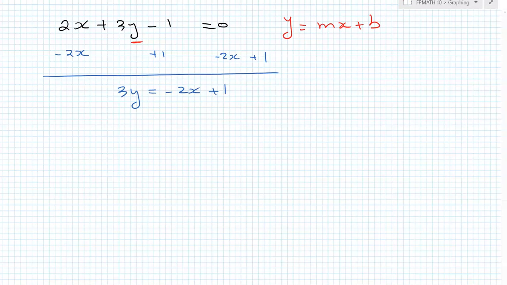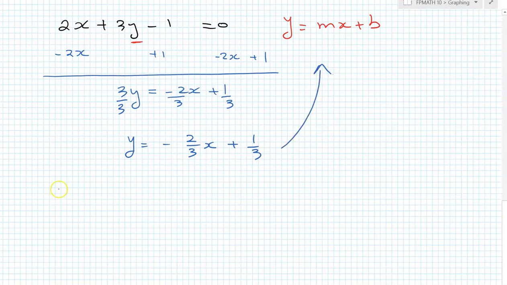The last step is you divide everything by the coefficient of y, one term at a time. Dividing by 3, minus 2x over 3 is the first term, and then 1 over 3, and your equation will look like this. You want to set it up like that because it looks like mx plus b.